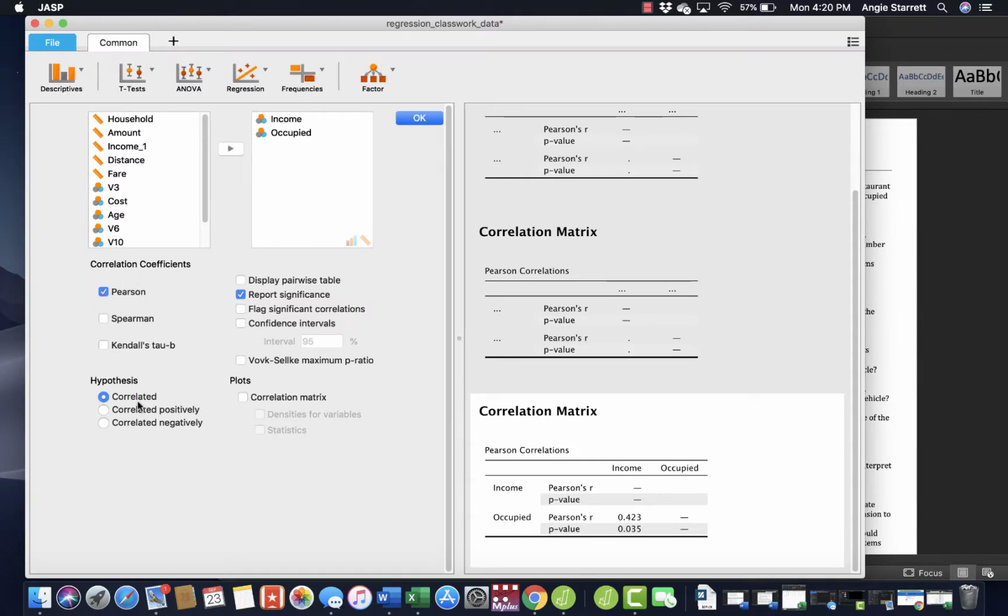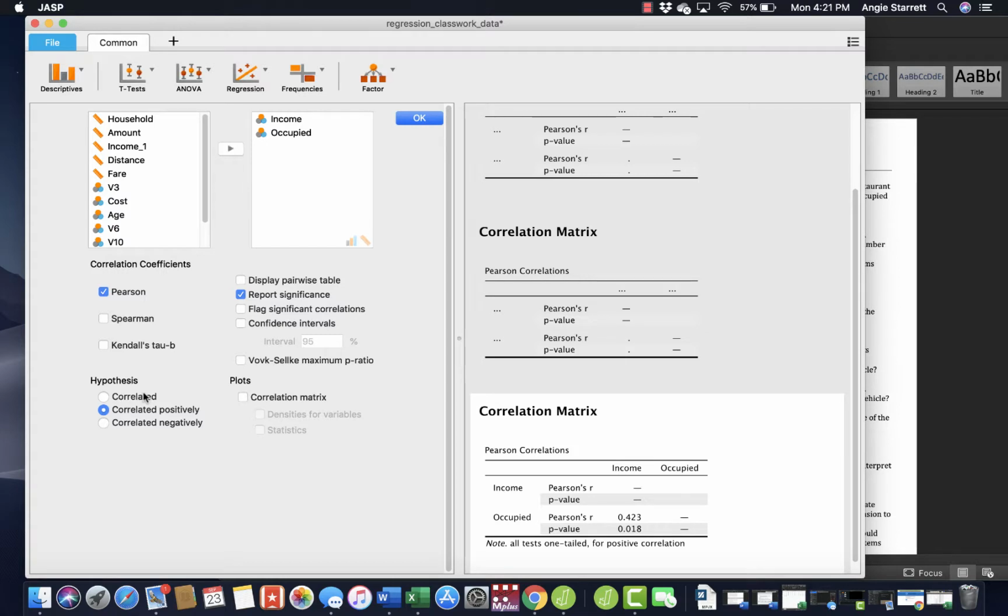All right. And then with the hypothesis here, is it a one-tailed or two-tailed test? Are you wanting to know if it's correlated positively, or are you wanting to know if it's correlated negatively, or correlated would be either positive or negative?